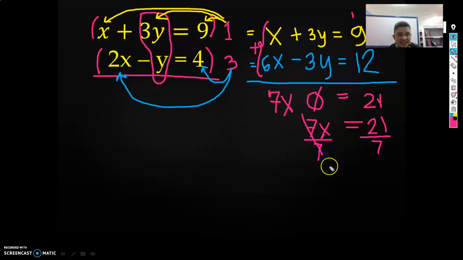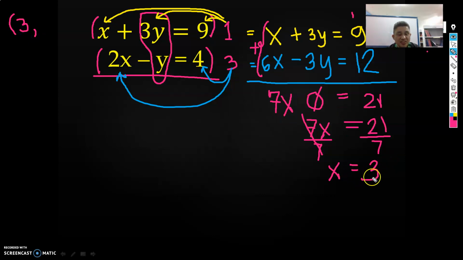Okay, cancel. The value of x is equals to 21 over 7 is 3. So, therefore, yung una nating ordered pair is 3.